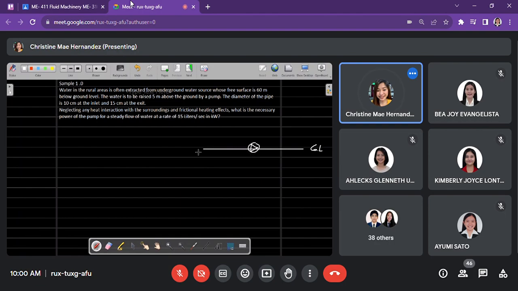Ayan. So meron daw tayo dito pipe. So magkaiba yung ating pipe diameter sa inlet, and pipe diameter sa exit or sa outlet.